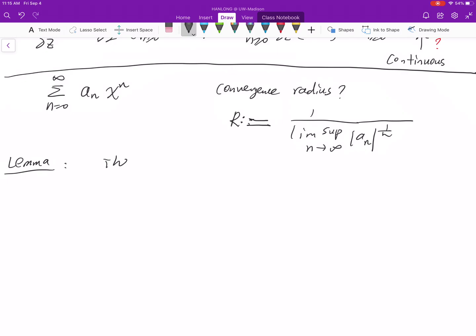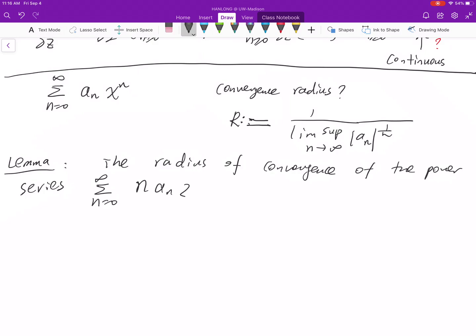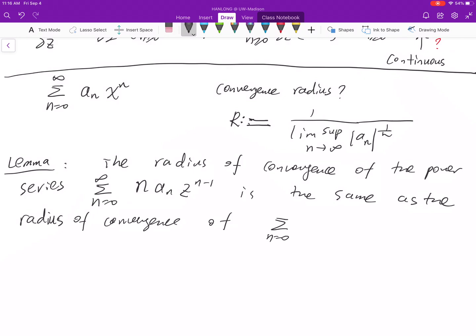So the lemma says the radius of convergence of the power series, summation n equals 0 to infinity of n a_n z^(n-1), is the same as the radius of convergence of the power series a_n times z to the nth power summation.